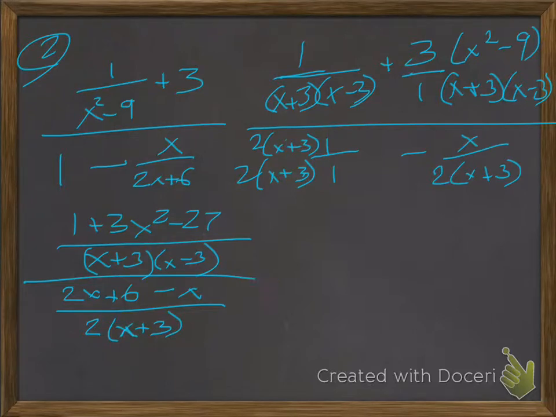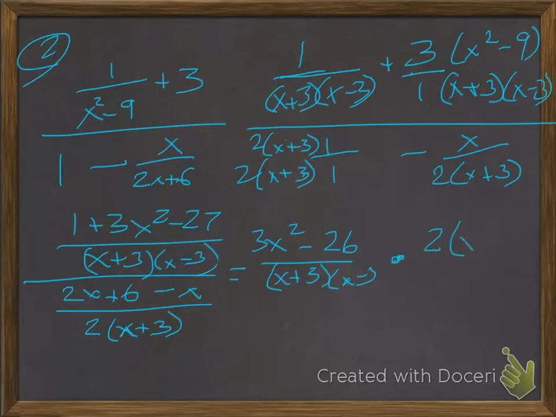So now I can make it a division problem, and I combine my like terms, so I have 3x squared minus 26 over x plus 3 times x minus 3. And that's going to be multiplied by 2 times x plus 3 over, and the 2x and x combined to be 1x, x plus 6.